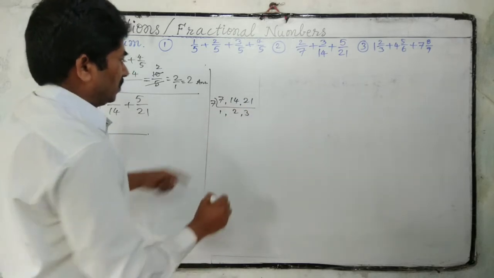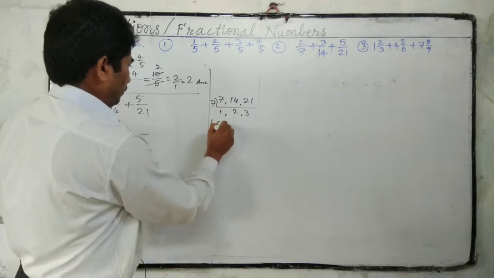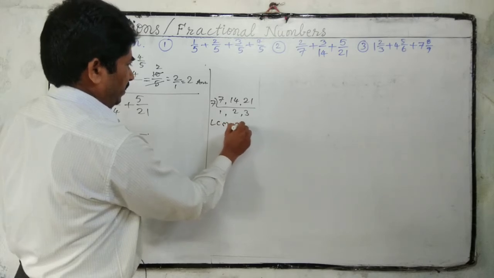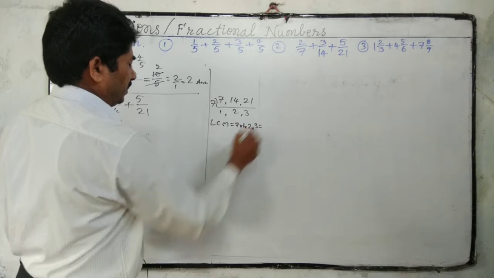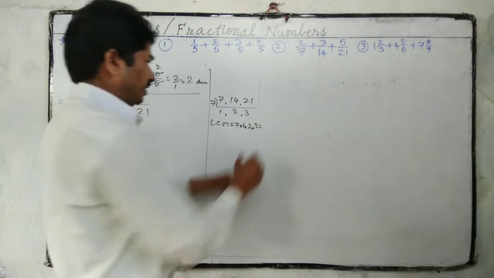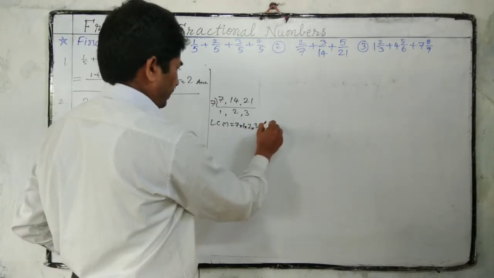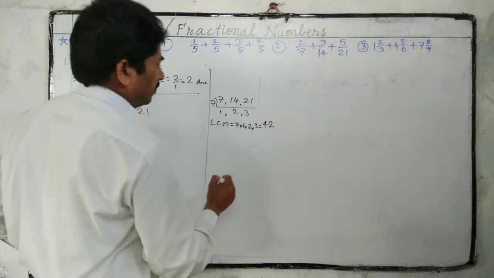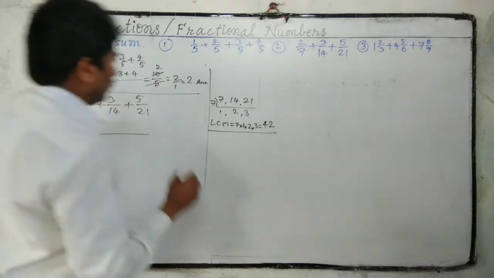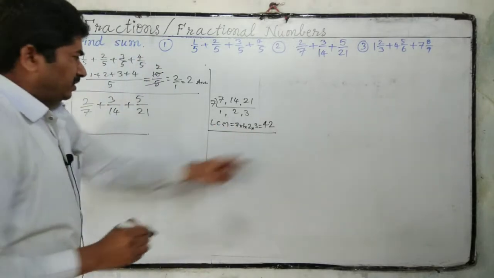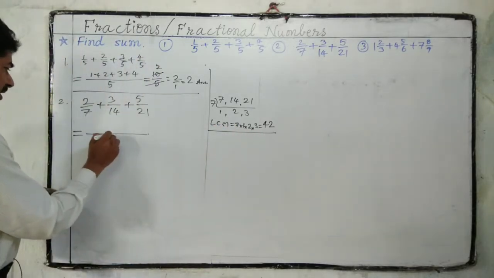So LCM is equal to 7 into 1 into 2 into 3. 7 twos are 14, 14 threes are 42. So write this LCM as the denominator.